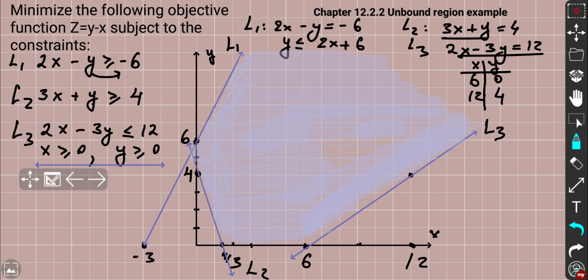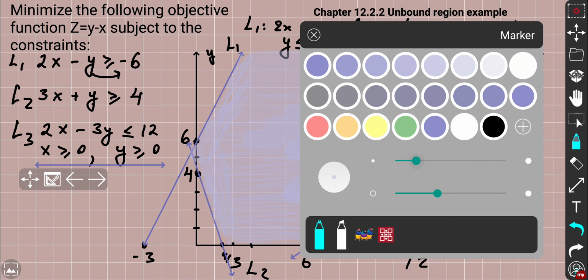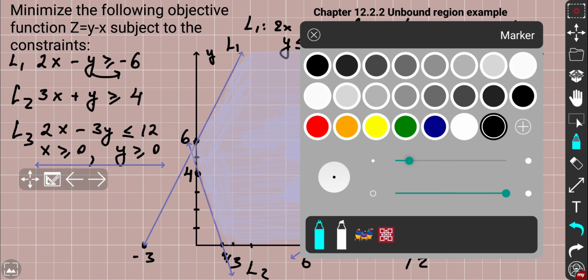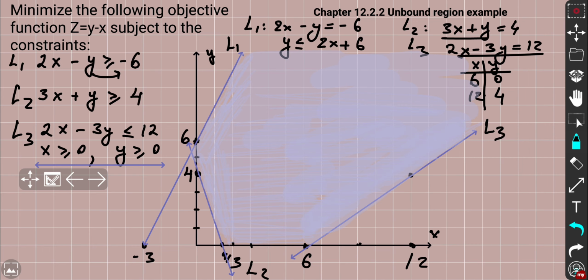It's not bounded from the right side, there's no boundary there. That's our region, so we can set up R.